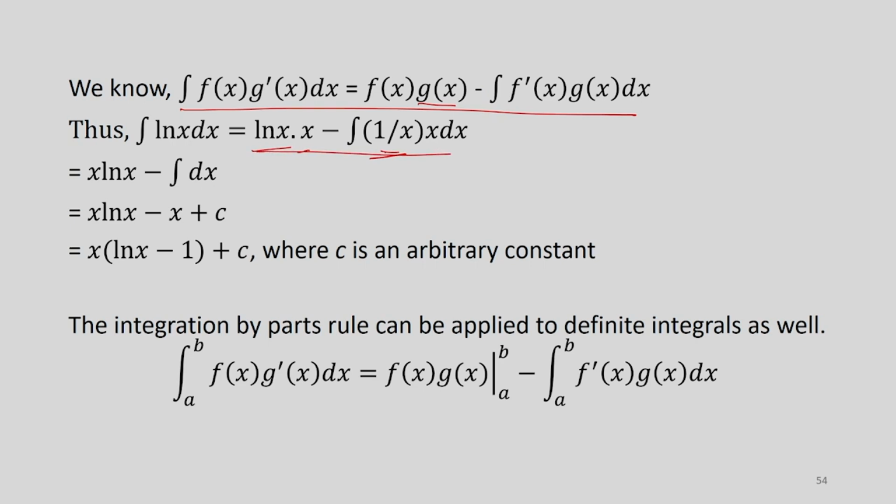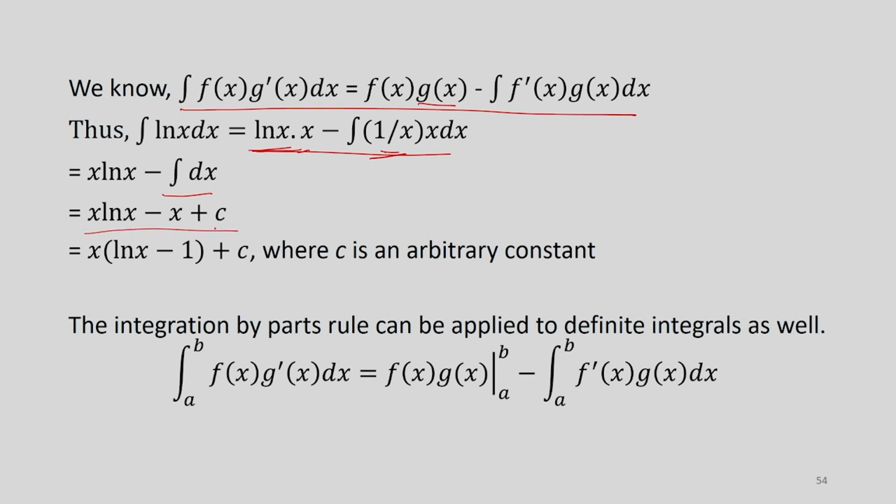Now, what will happen in the next step? The first term remains the same, it is x multiplied by log x minus integration of 1 divided by x and x, those two terms will cancel each other. So, you just have integration of 1, which is x, right.